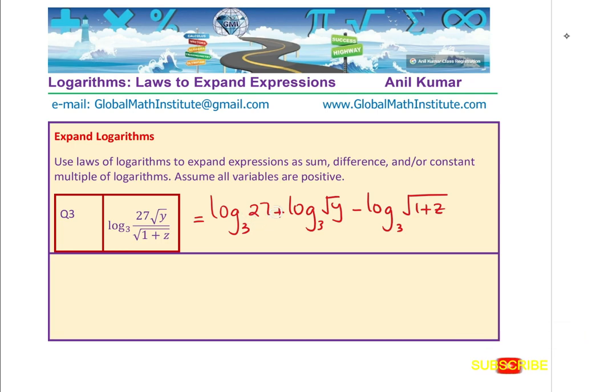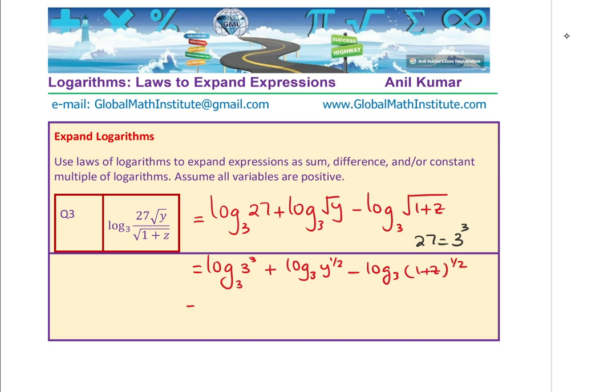And now 27 can be simplified, since you know 27 is what? Well, 27 is equal to 3 cube, right? And since the base is 3, we'll get 3 as our result on this. So we'll use this property and then continue simplifying it. So log to the base 3 of 3 cube, right, plus, now that is half, right? So let me this time write like y to the power of half minus log 3 of 1 plus z to the power of half.